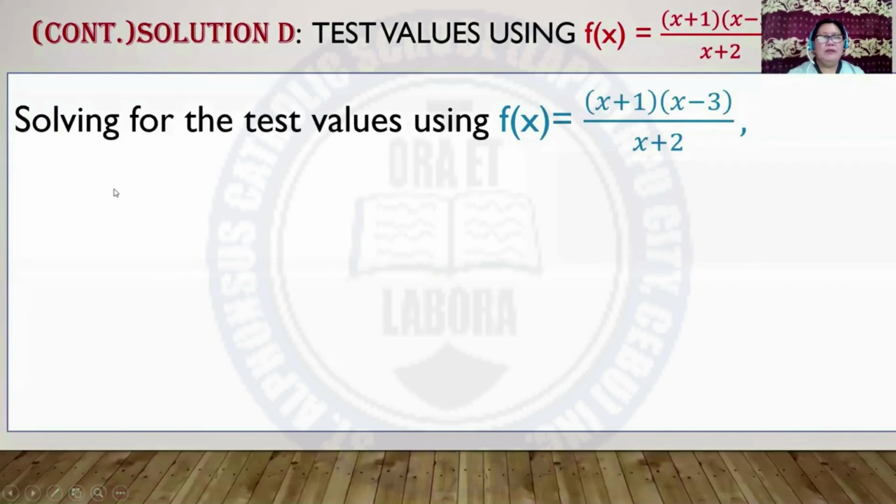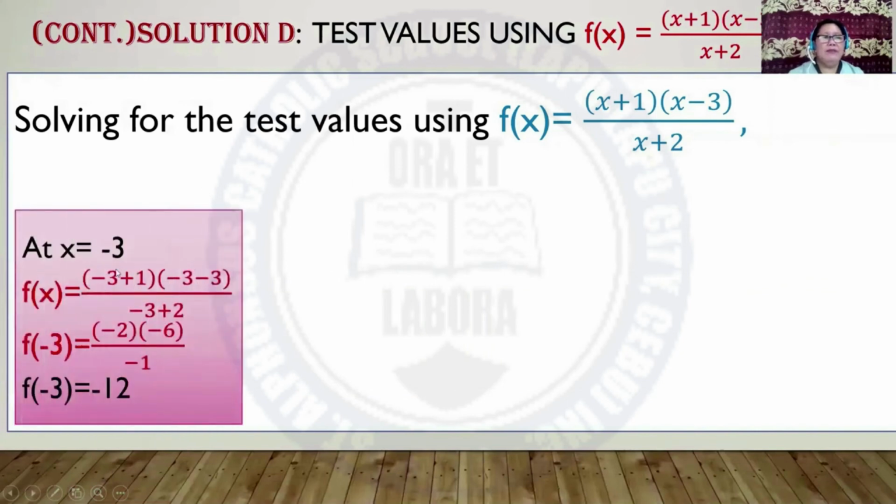So, solving for the test values using the f of x form, we have at x is equal to -3, you substitute -3 to x, this one, and also the denominator. So simplify, we have -12.